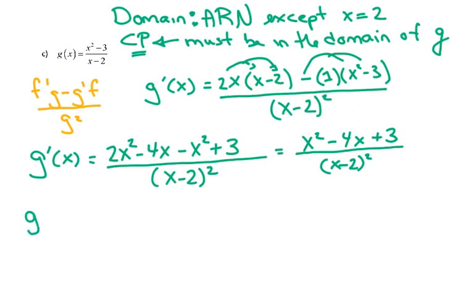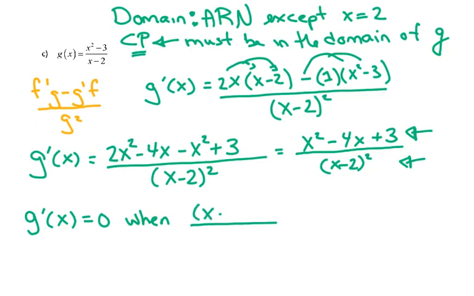Now, this will equal 0 when the numerator equals 0 and the denominator does not. So we want to see if we can factor the numerator. That would make our life easier.